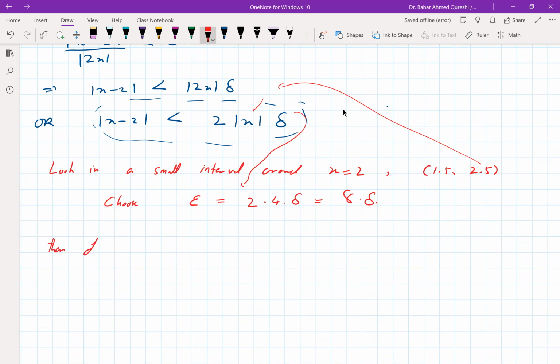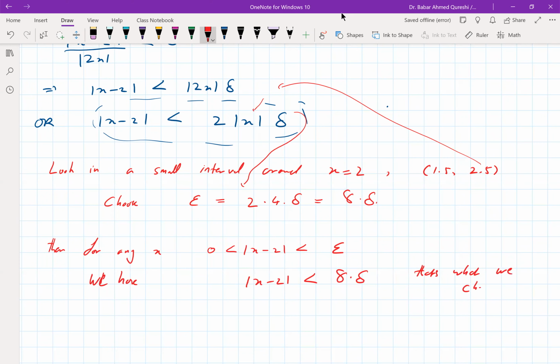A delta, something like this. Then for any x less than epsilon, we have, is less than a delta, because that's how we chose.